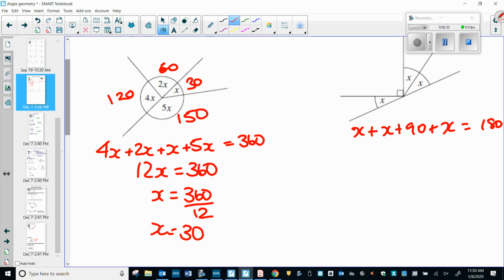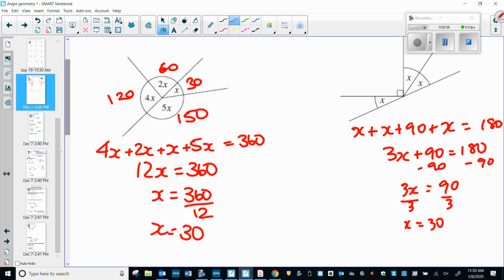Join like terms and simplify, so we've got 3x plus 90 is equal to 180. Solving that equation, we take away 90 from each side. Then you have 90 on one side and 3x, so you have to divide by 3. Nice, x is 30. Pretty straightforward.